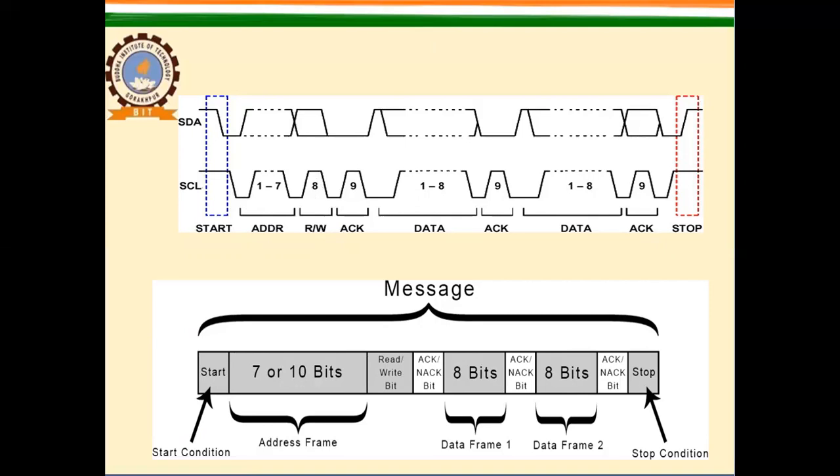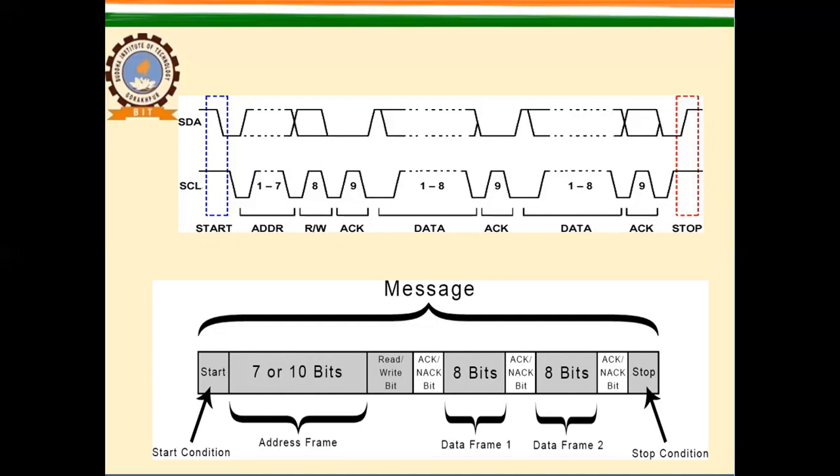The 9th bit indicates whether the data is successfully received or transmitted in either direction, and then comes the actual data frame, the first data frame of the message. Likewise, the same message can consist of several data frames until the whole operation completes.